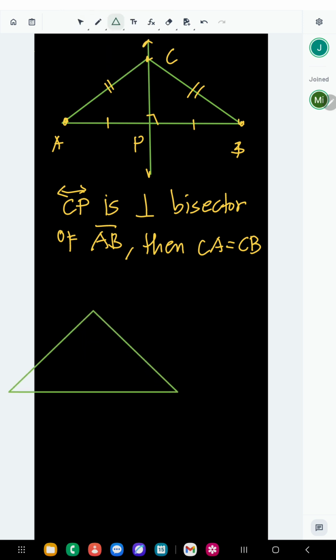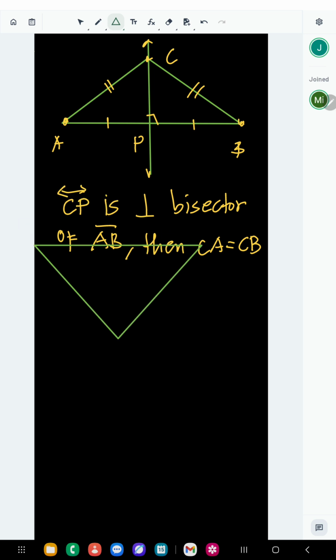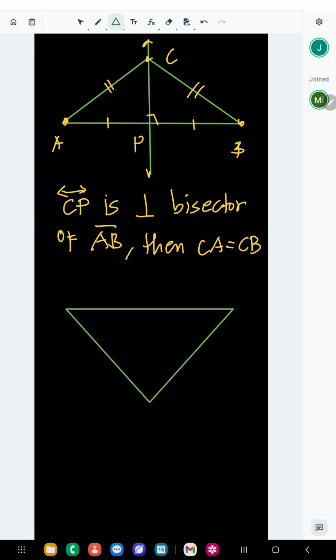And then for the converse of the perpendicular bisector theorem. Okay, let's say this is point C, and this is point A, B, and D. It's indicated that this one is congruent to that, and this one is congruent to that.